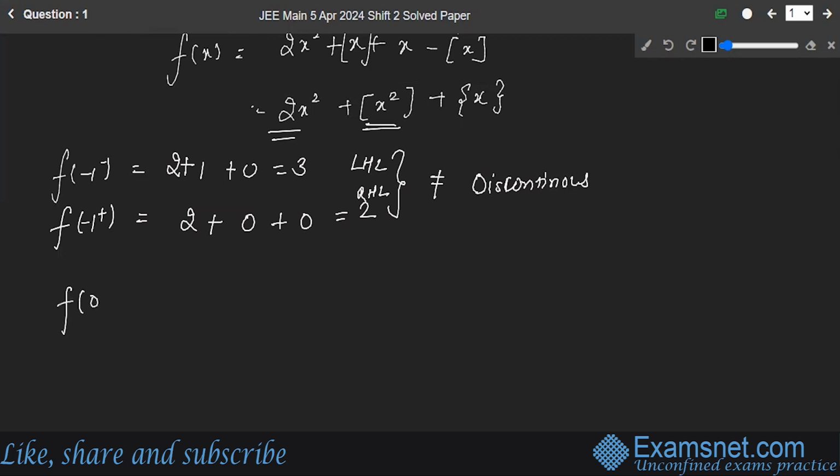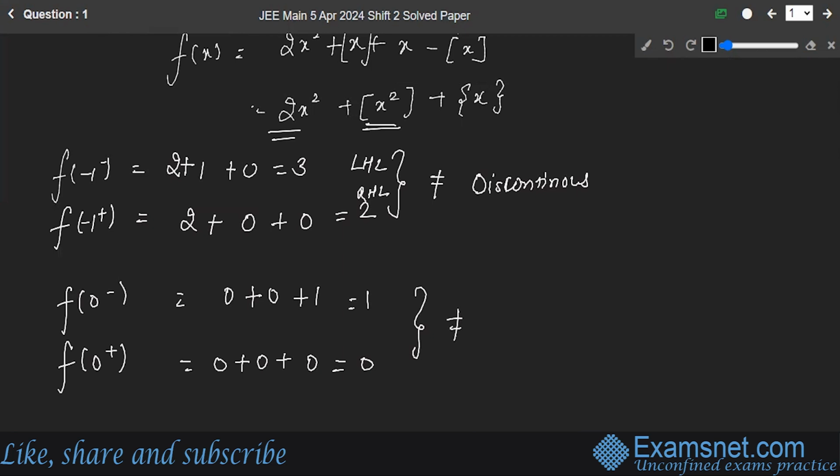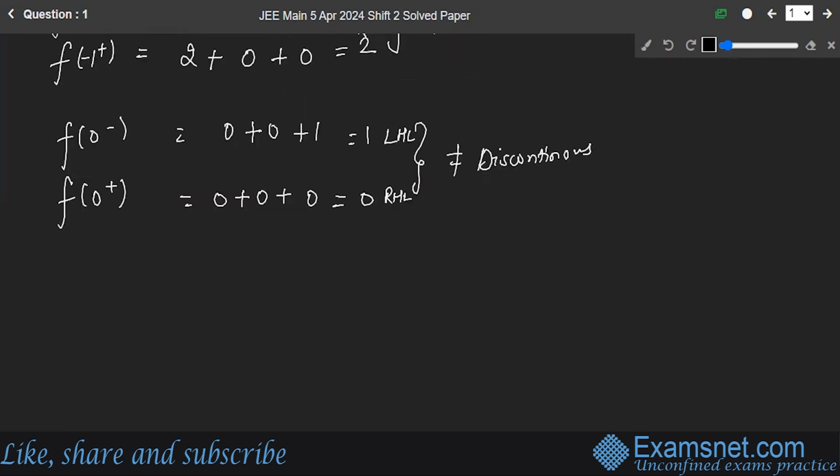Next, f of 0 minus and f of 0 plus. For 0 minus, it will be 0 plus 0 plus 1. For 0 plus, it will be 0 plus 0 plus the fractional part, which is 0. So again the LHL and RHL are not equal, and again there's a discontinuity at this point.